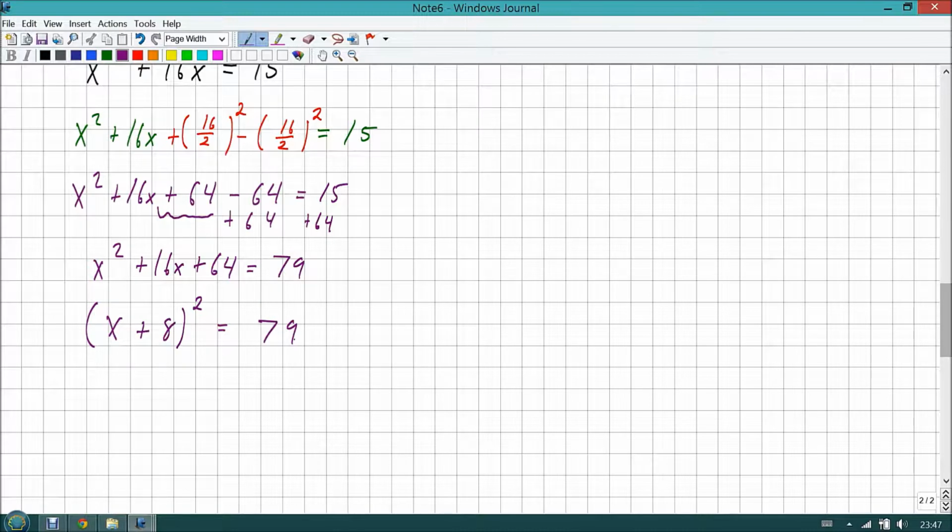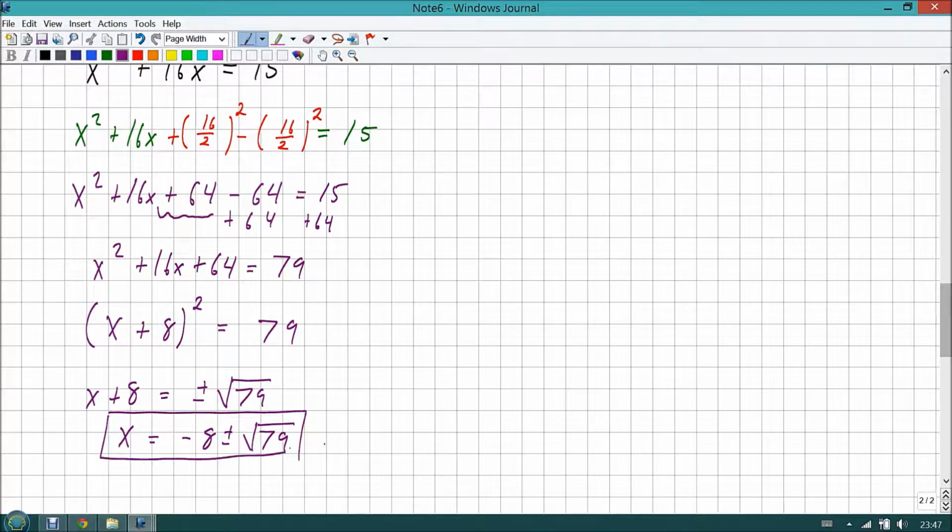From here we can take the square root of both sides like we did in the previous lesson. Subtract 8 from both sides. And voila, we have the two answers for our quadratic.